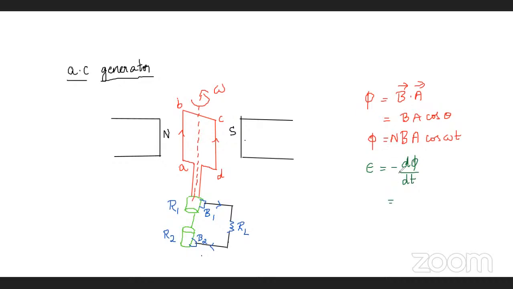When you differentiate this, you will get NBA omega sine omega t.